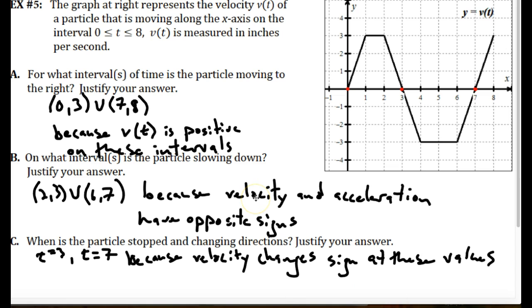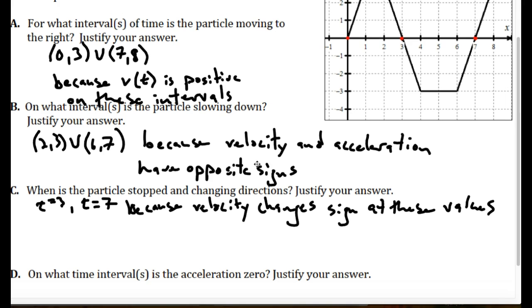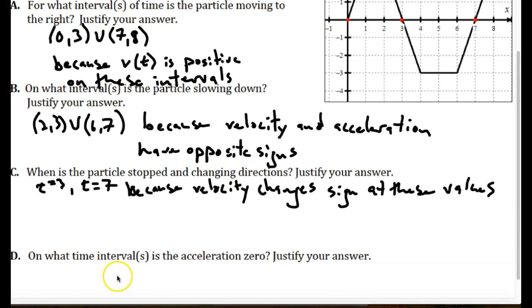All right. Then part D, on what time intervals is the acceleration 0? Okay, well, acceleration is the derivative or the slope of velocity. So the slope of this function is equal to 0 here between 1 and 2, and here between 4 and 6.